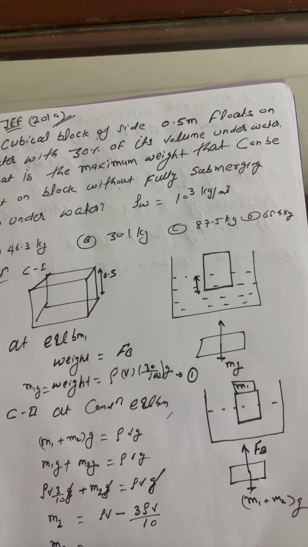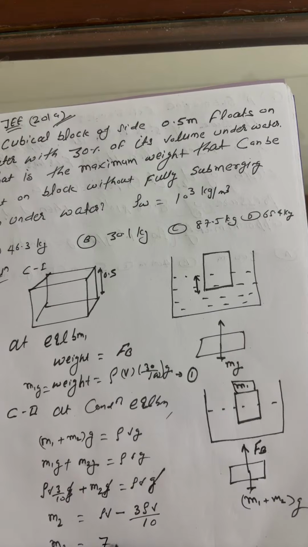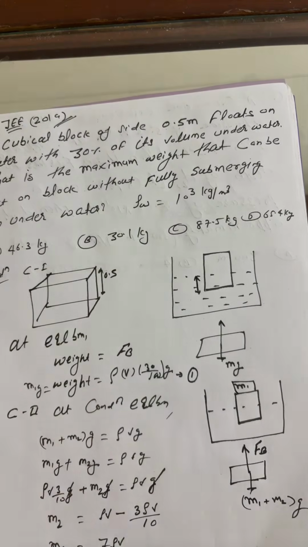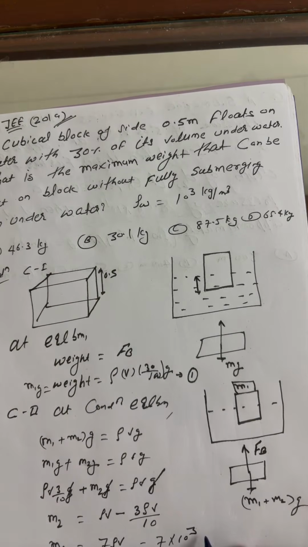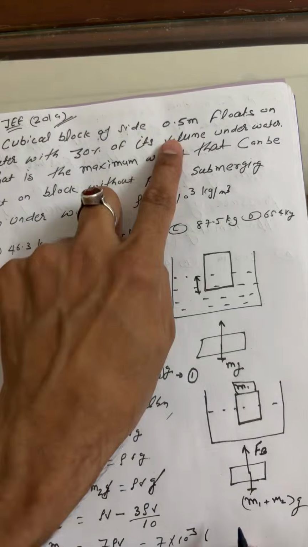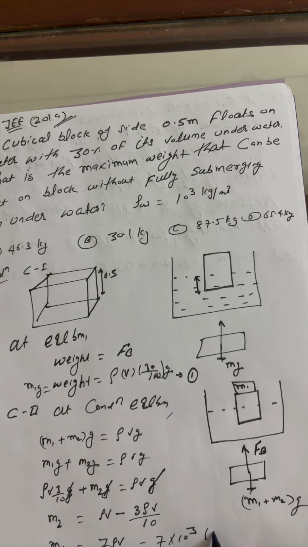So M2 is 10 minus 3, that is 7 rho V upon 10. Rho is the density of water, so I can put 10 to the power 3. What is the volume of the cube? The side of the cube is 0.5, so no need for unit conversion. So this is basically 0.125.